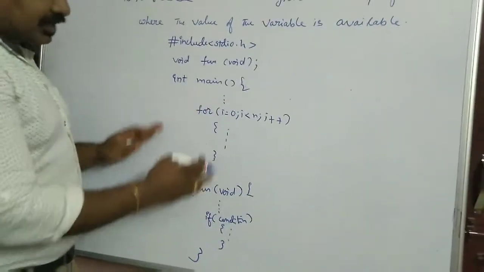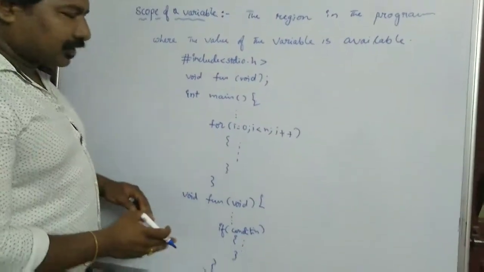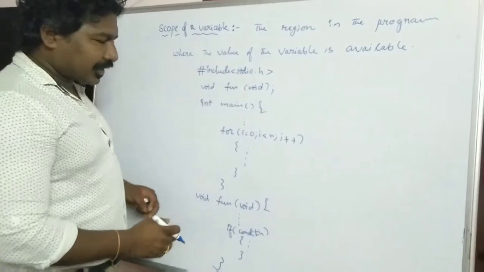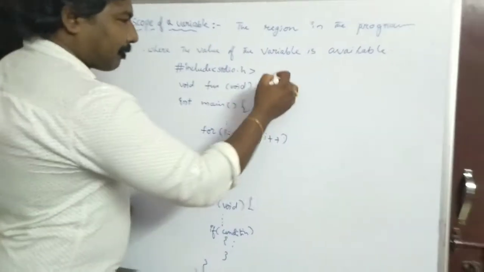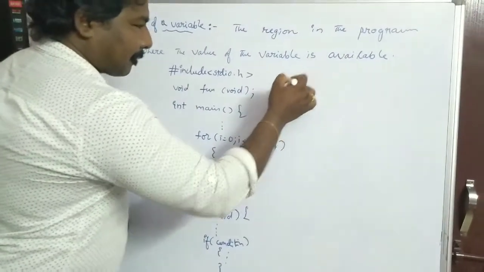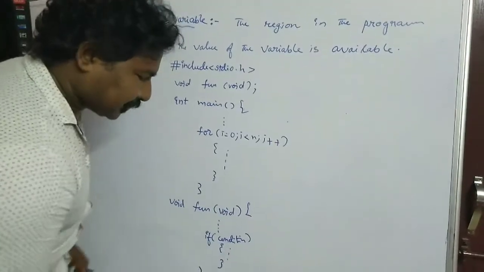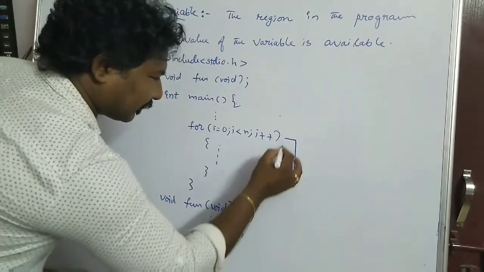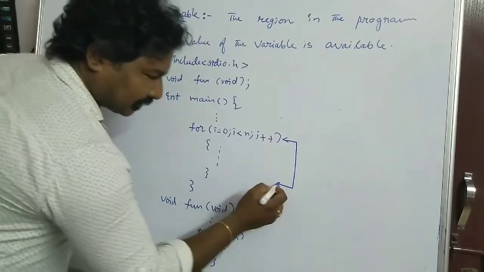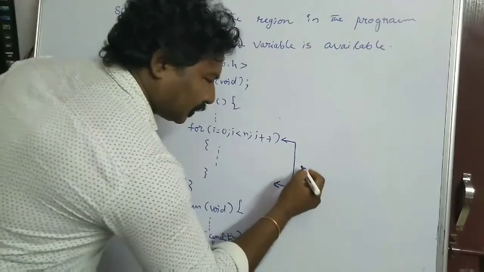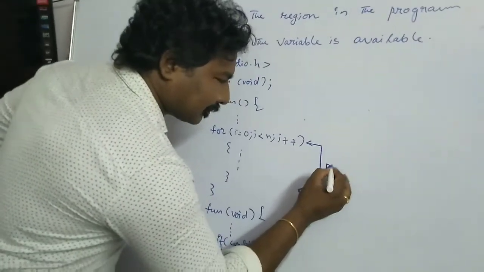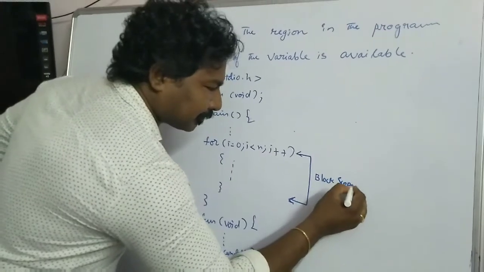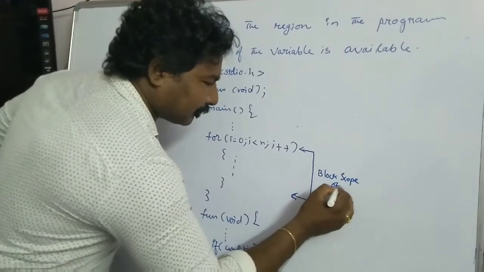Okay friends, I have just written the outline of a program. I'll try to identify the different kinds of blocks here. This particular area from here to here is called the block scope of the for loop.